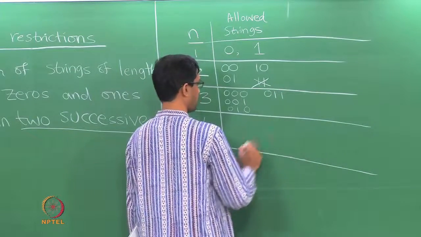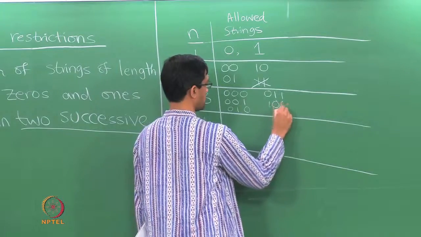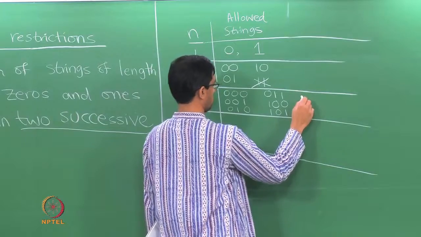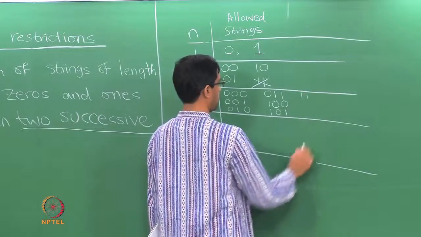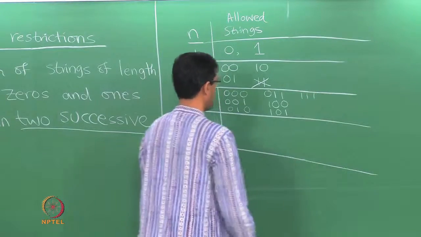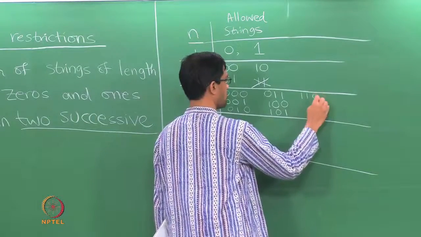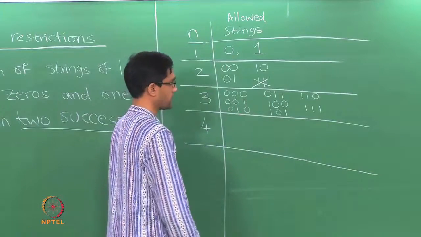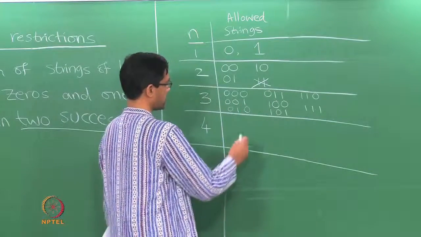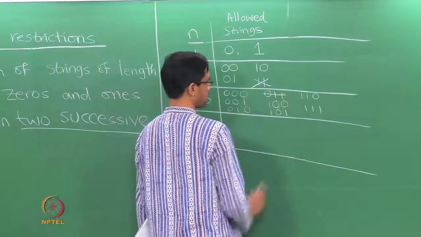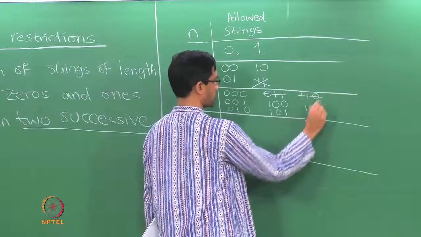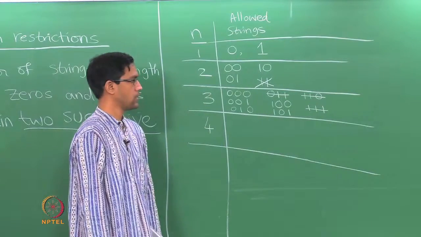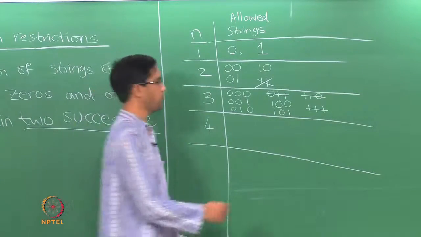So 0 1 1, and then I have 1 0 0, 1 0 1, 1 1 0, and then I have 1 1 1. So we got 8 in total, out of which we need to disallow 0 1 1, 1 1 0 and 1 1 1. They contain two successive ones.